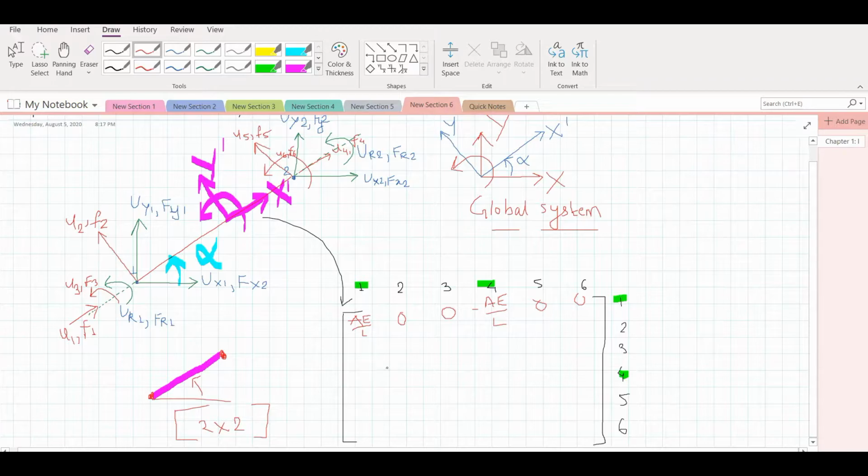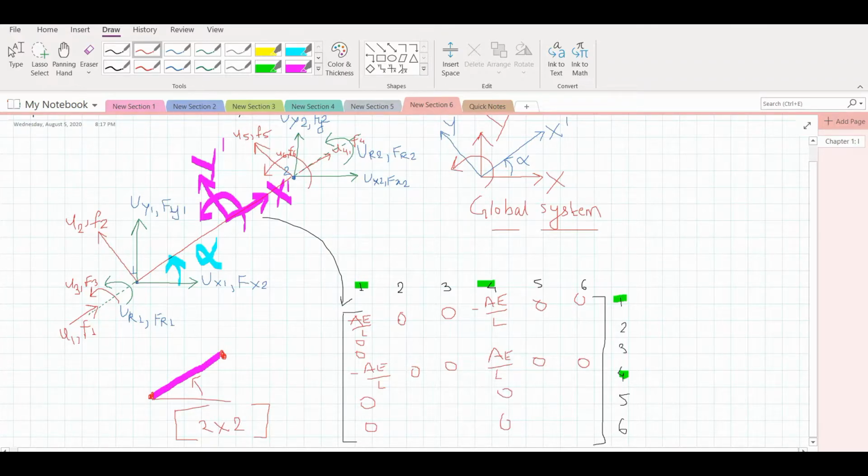So here also, since this matrix should be symmetric, we can just write 0, 0, and for the fourth one, we'll get minus A E by L. Fifth one, 0, and then we'll have 0 for the sixth one as well. So here also we can just write 0, 0, A E by L, 0, 0. This one can be 0, 0 as well.